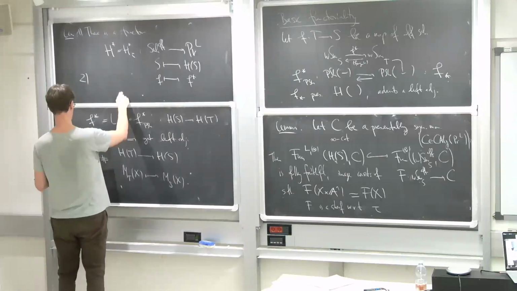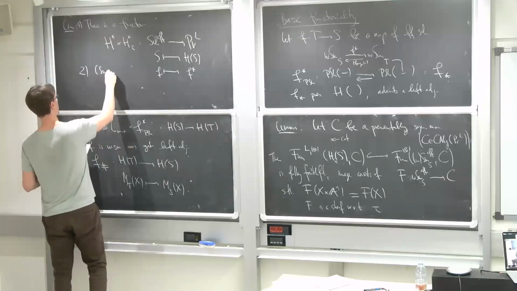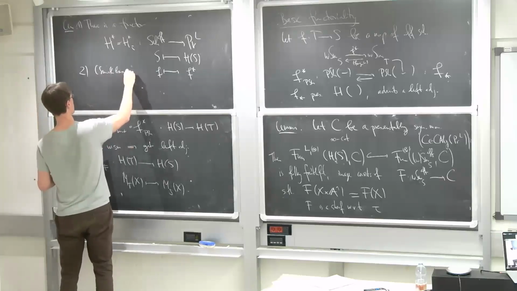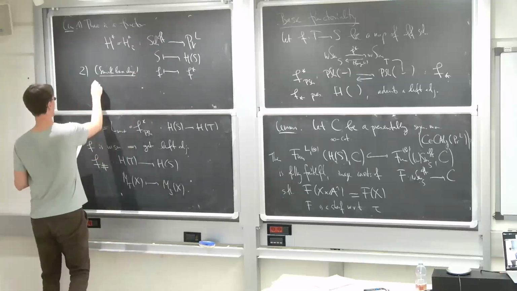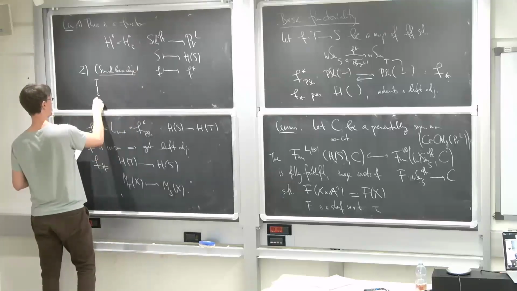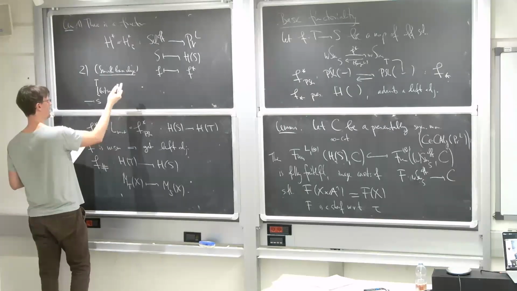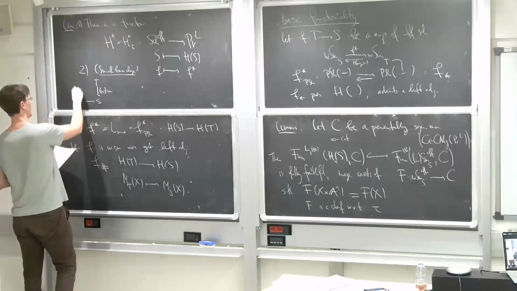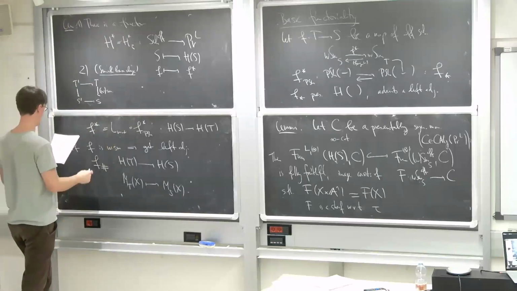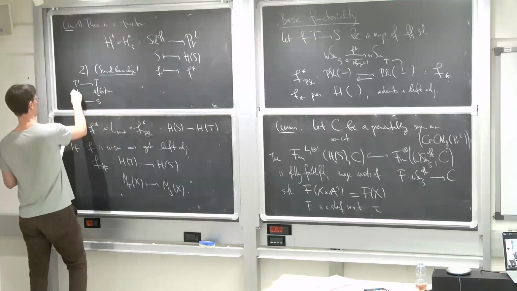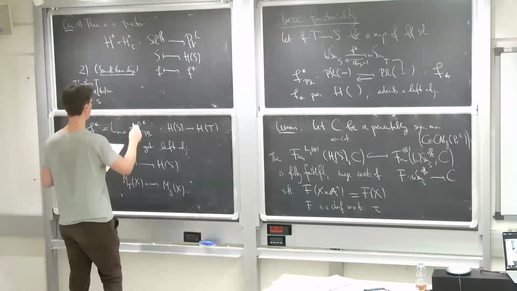Smooth base change: if we have the square with T to S, where this is supposed to be weakly smooth, actually smooth in the molecular case, say F prime, G prime, then there is a natural isomorphism.